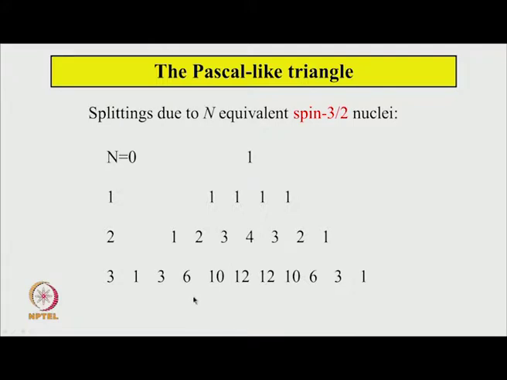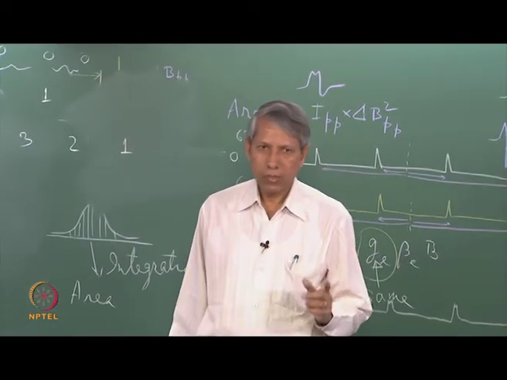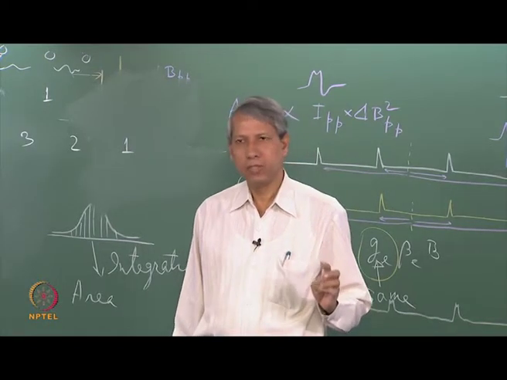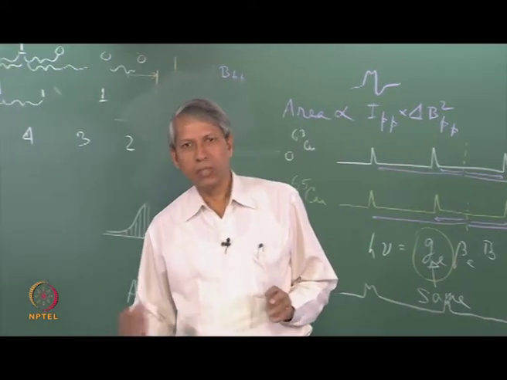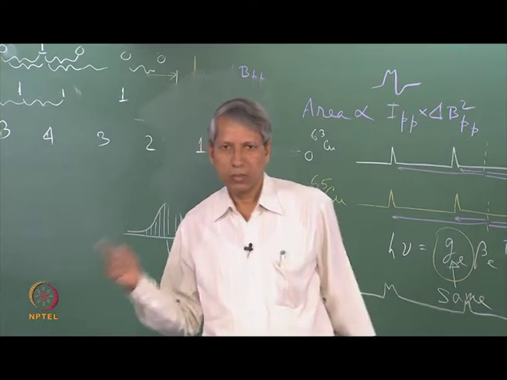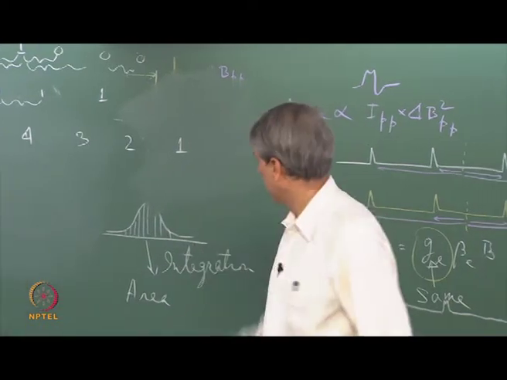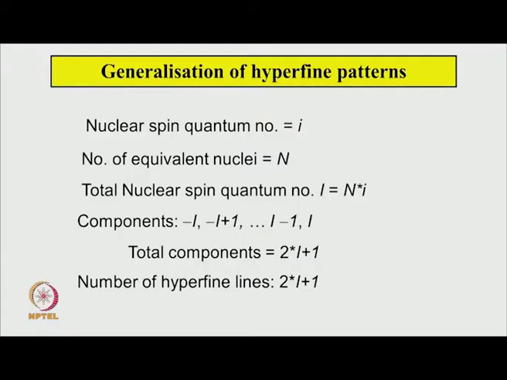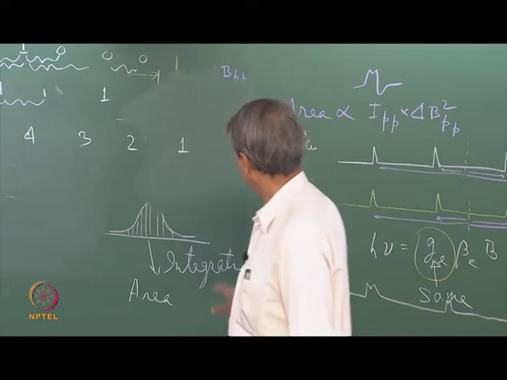So we see that the Pascal triangle works for a spin half system, but we can generalize this for other types of nuclei as well. We have generalized it to I equal to 1 and I equal to 3 by 2. Now we are going to generalize this pattern and summarize what we have seen for various nuclei.